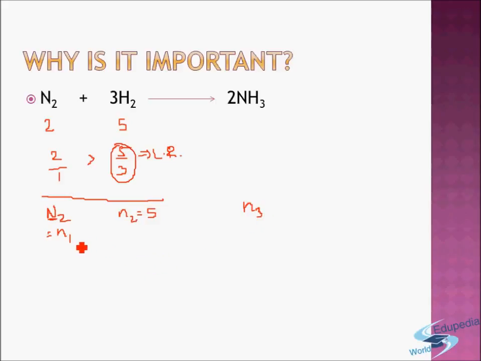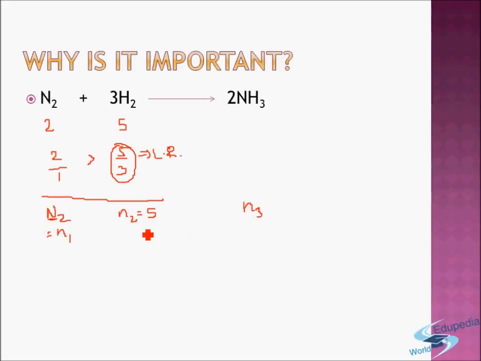So now you see, this question can basically be seen as, if I have 5 moles of hydrogen with me in the container, then how much nitrogen will react to form ammonia and how much ammonia will be formed in the process.